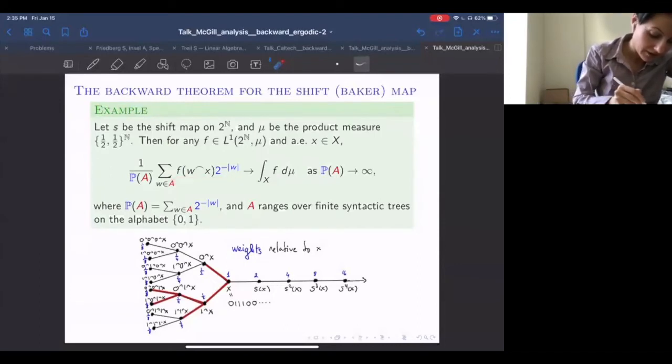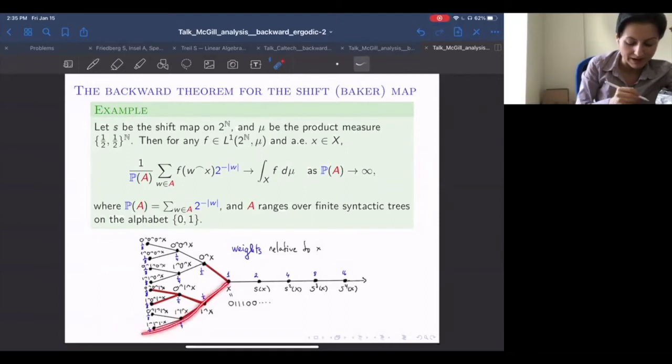So this is the weighted average, and this denotes the total weight of the tree you took. The theorem says that as long as this weight goes to infinity, this average should converge to the expectation. I often get asked, what if you just take one branch? It's inconceivable that one branch should give you the correct ergodic averages, and it doesn't.